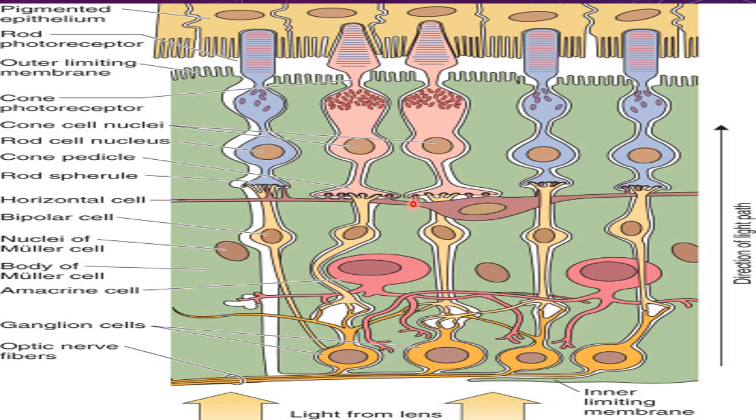And here you can appreciate this cell which is lying horizontally. So definitely its horizontal orientation indicates this is a horizontal cell. So you can appreciate that in the outer plexiform layer, this is the horizontally lying horizontal cell, which is the association cell. How is this an association cell? You can see its dendrite and the axon.